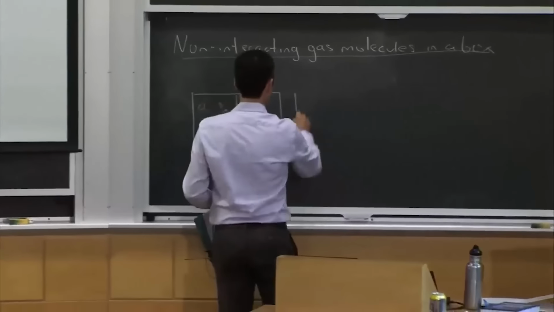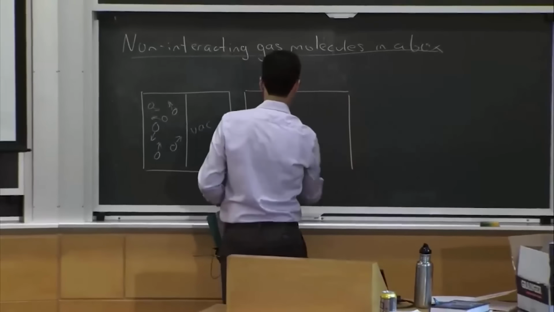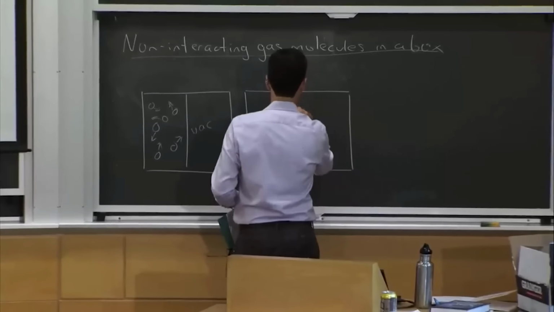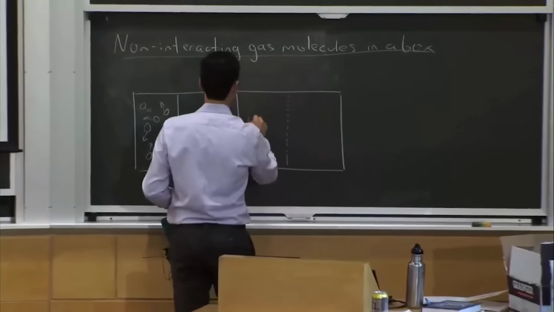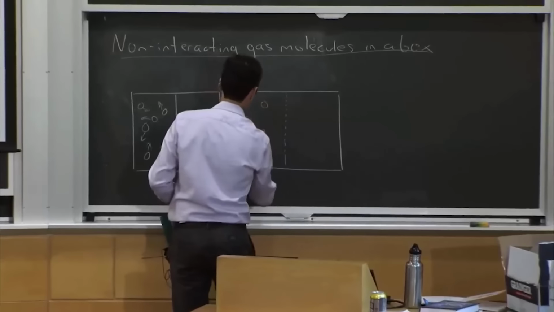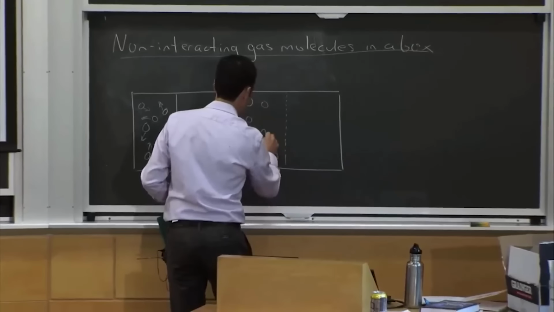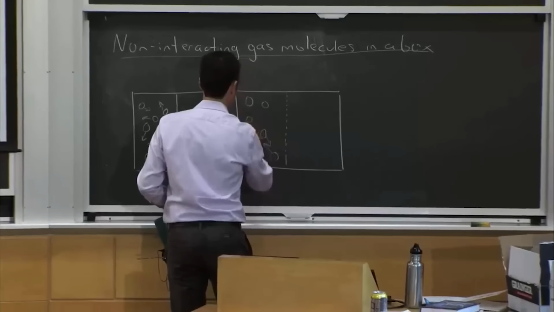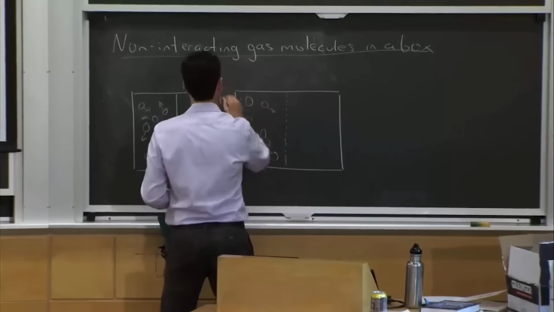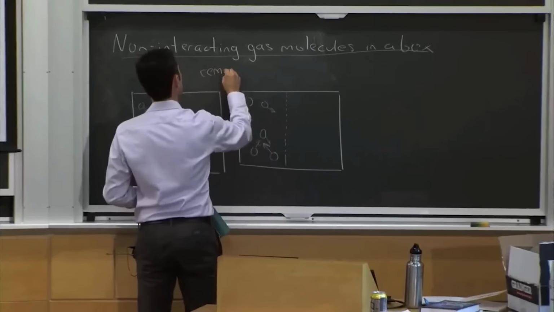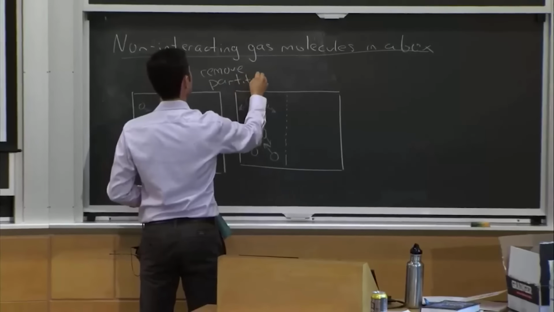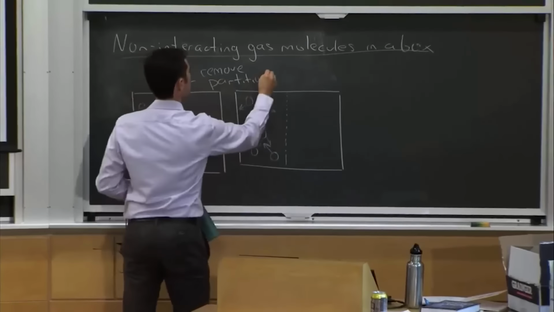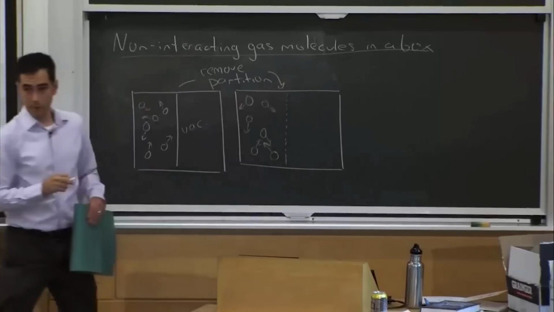So the first thing we're going to do is we're going to remove the partition. So I'm going to draw a dashed line where the partition was. And at the instant we remove the partition, they're still over here on this side bouncing around. So remove partition. Right, so we remove the partition.